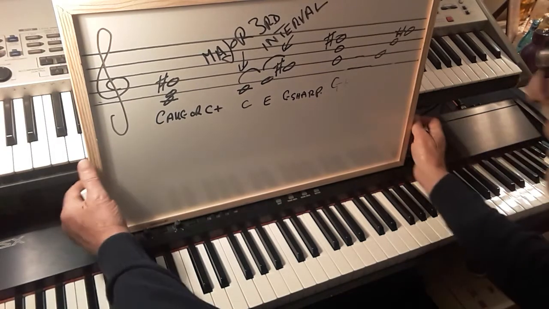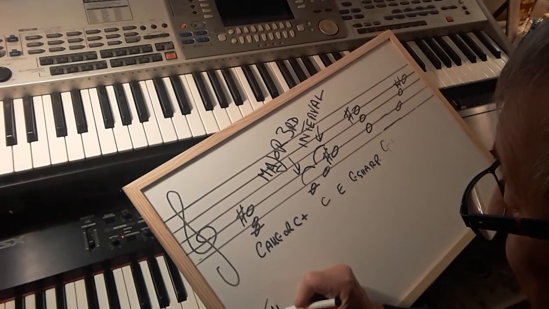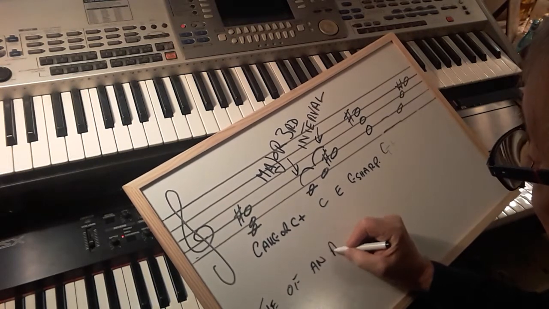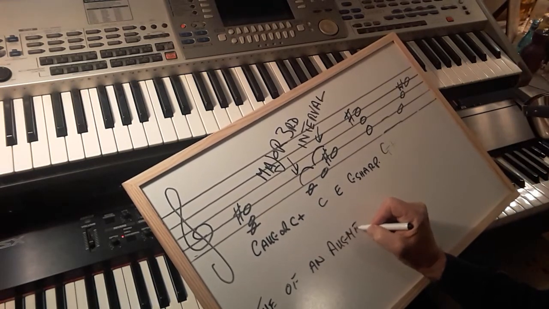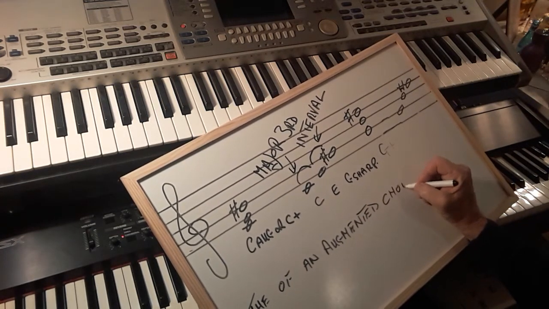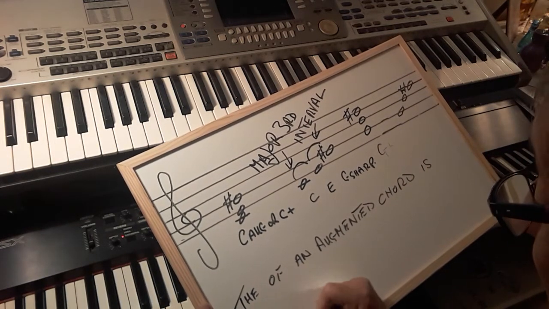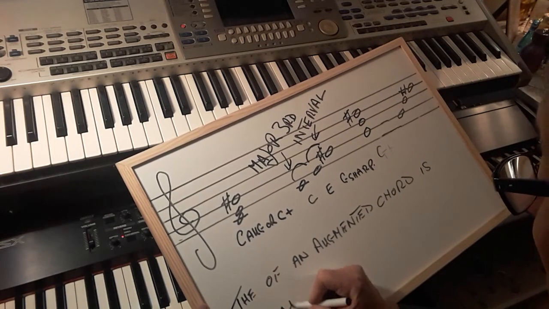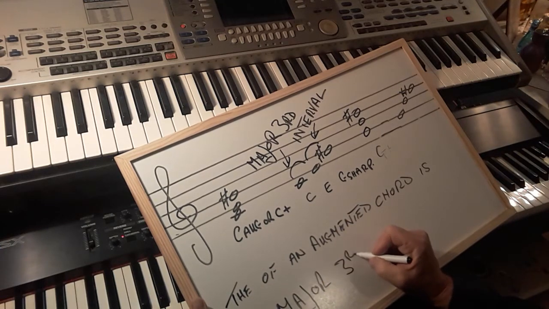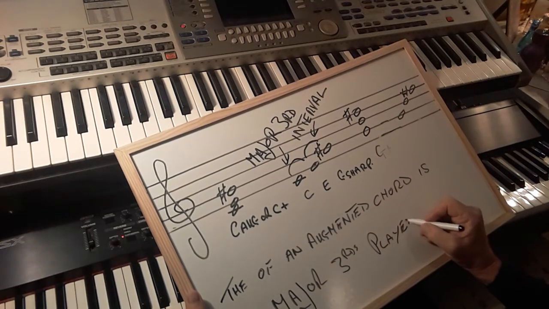I'm going to let you have that one anyway. I'll write it down. The structure of an augmented chord is two major thirds played together.